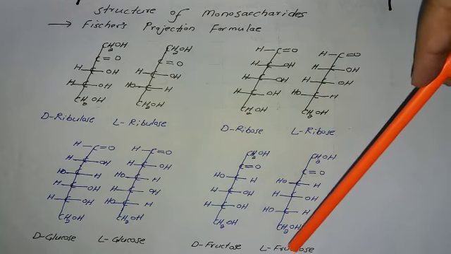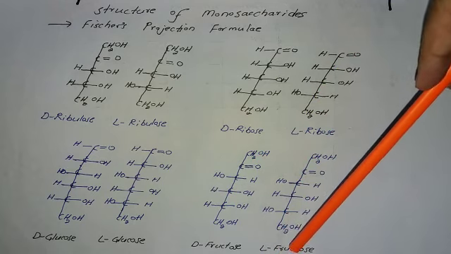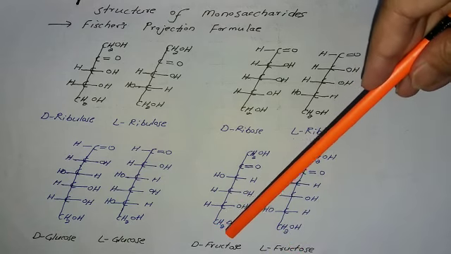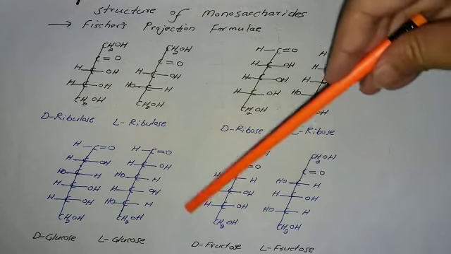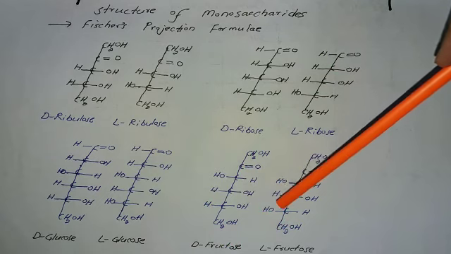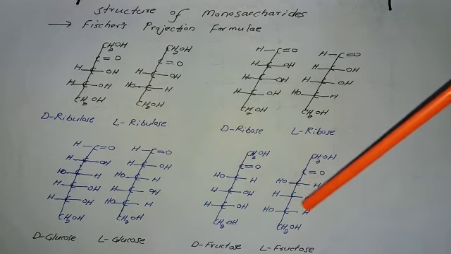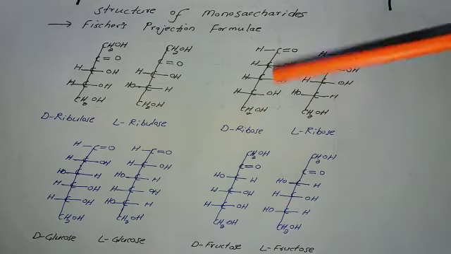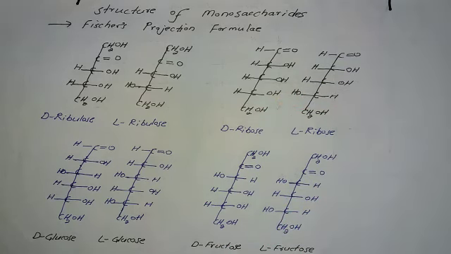With reference to D-glyceraldehyde and L-glyceraldehyde, this structure is similar in this portion to D-glyceraldehyde, and this structure is similar in this portion to L-glyceraldehyde. So there are many monosaccharides, tetroses, pentoses, hexoses, heptoses, and they are represented by D and L designation or configuration.